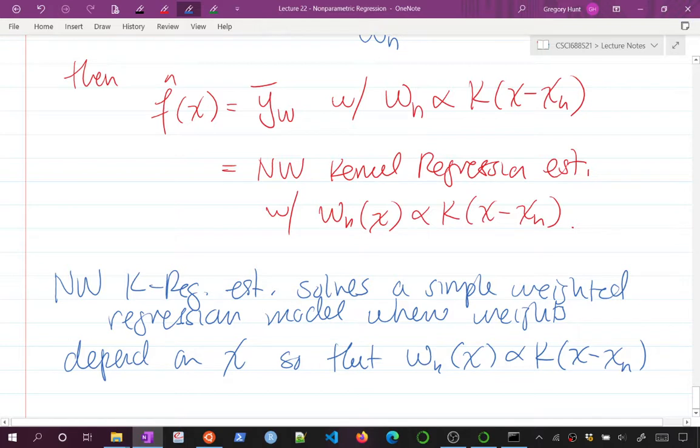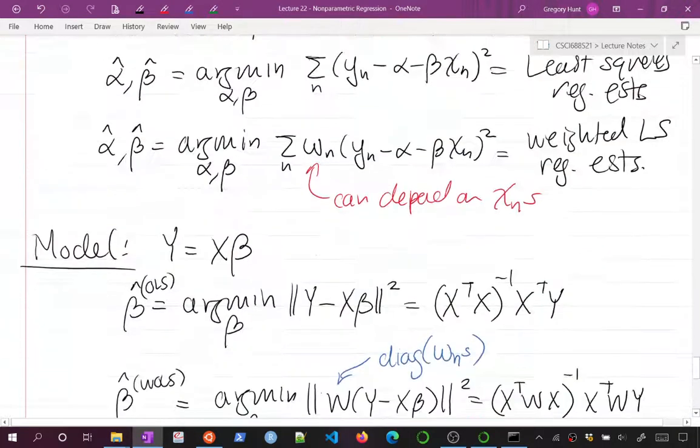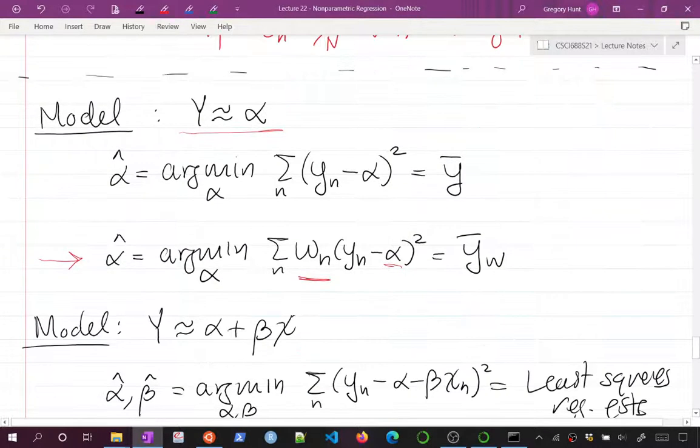The reason for pointing this out is that we're fitting a very simple model. We started off with a simple model: we're predicting y is just some constant.